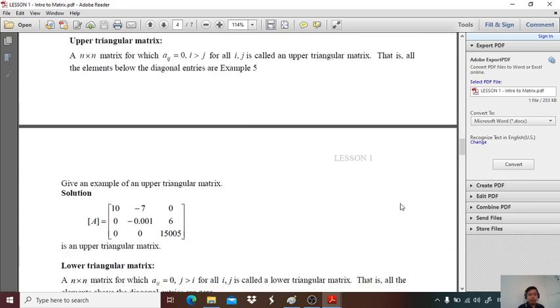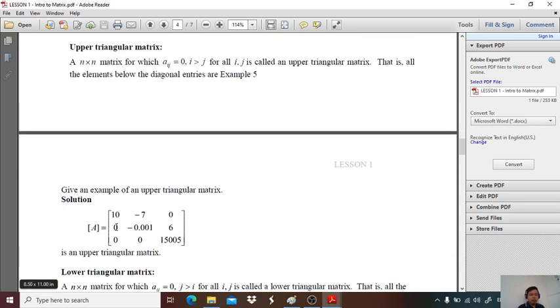So this is the example. This is an upper triangular matrix because Aij is equal to 0 when i is greater than j.